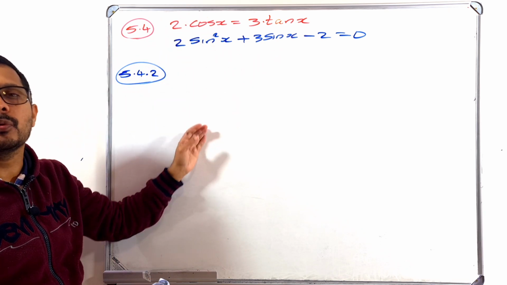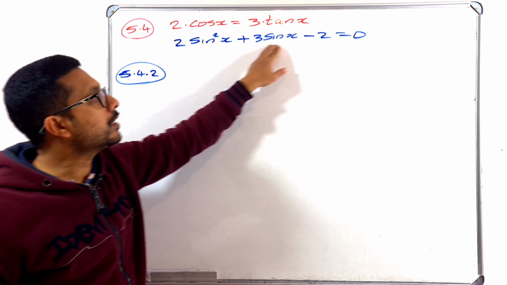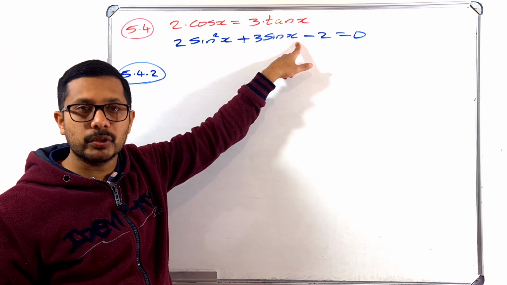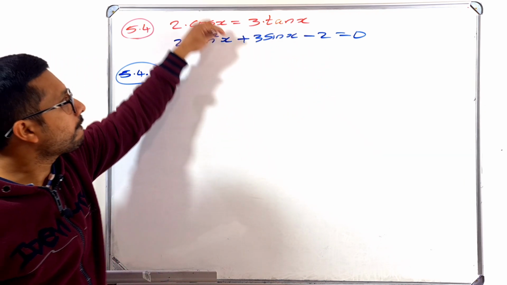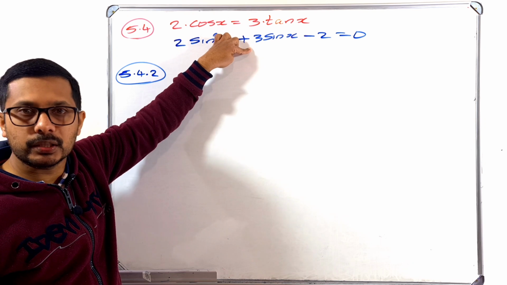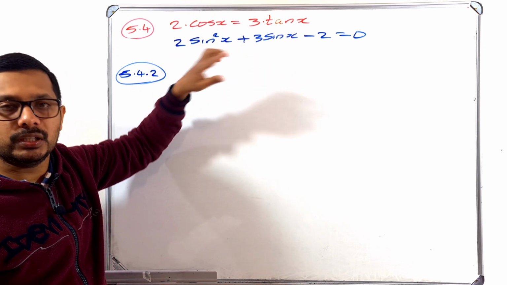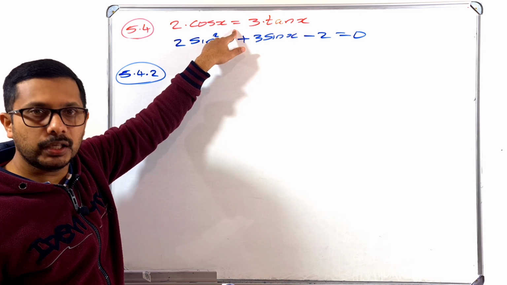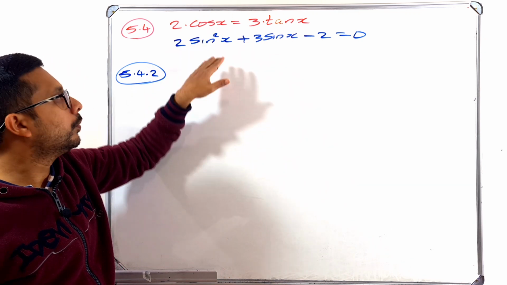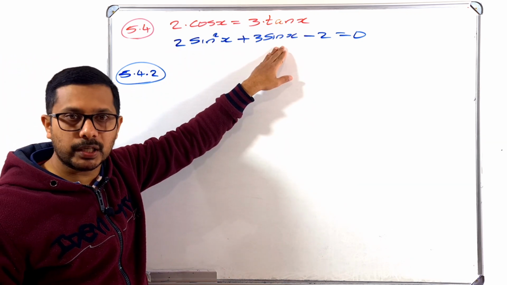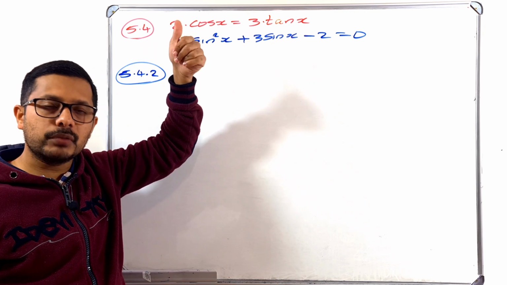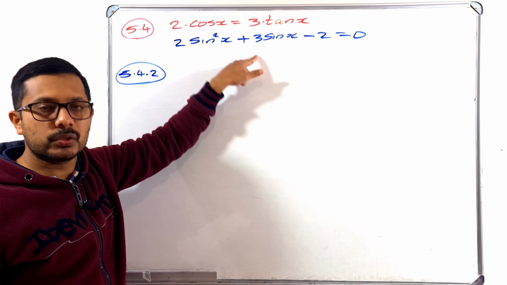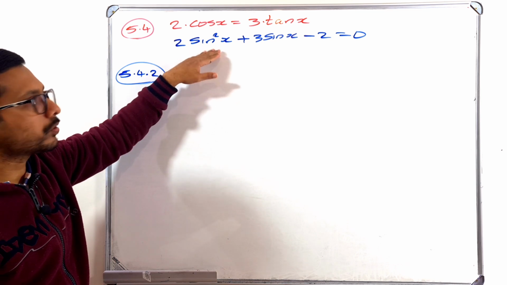So it is enough to find the general solution of this equation, because we already proved that this equation and this equation are the same. Even though the question is to find the general solution of the first one, it is enough for us to find the general solution of the second one, because in the previous question we already proved these two equations are the same. Okay, so now I'm trying to find the general solution of this one.